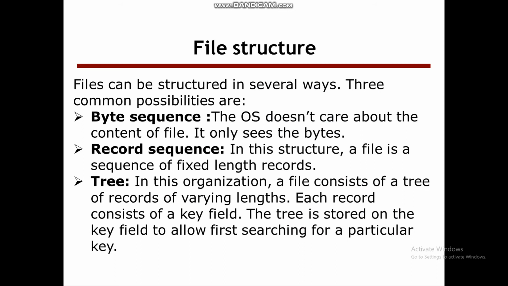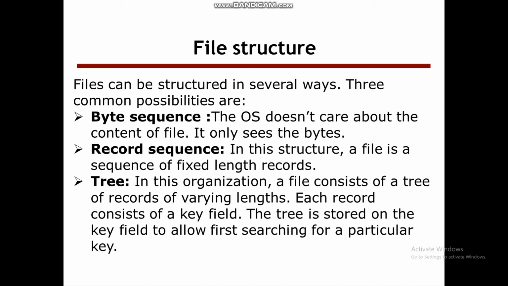Now we will have a look into the file structure. Files can be structured in different ways. The OS does not care about the content of a file. It only sees the bytes in the structure and does not care about the content of the file. Both Unix and Windows use this approach.